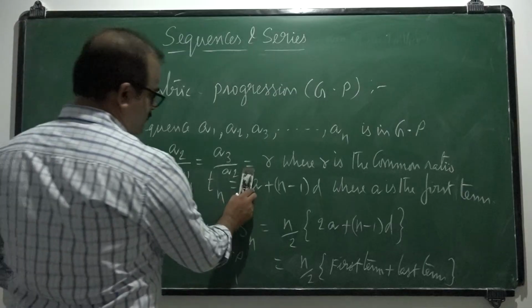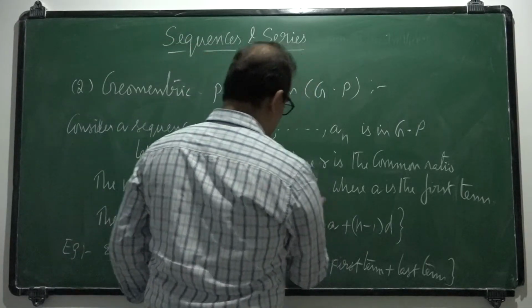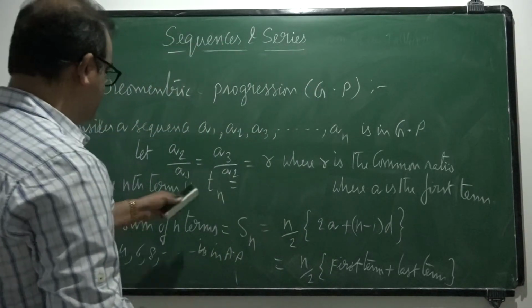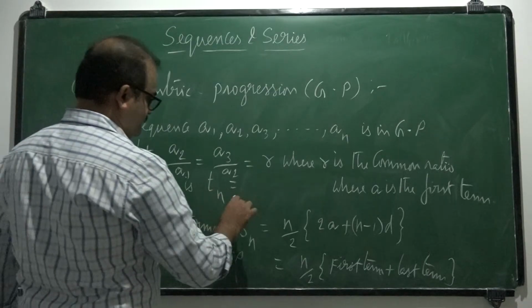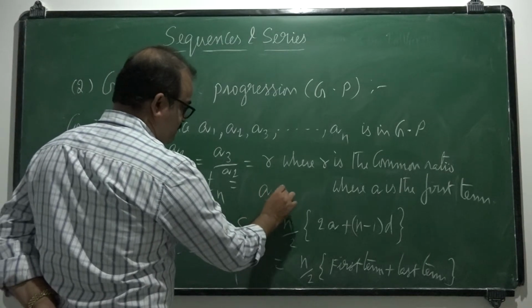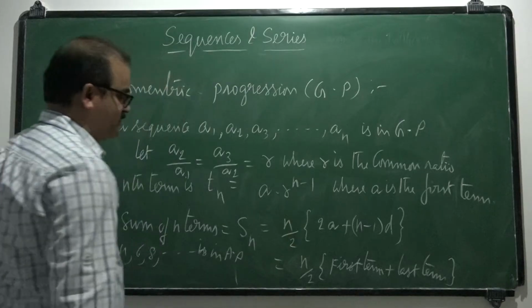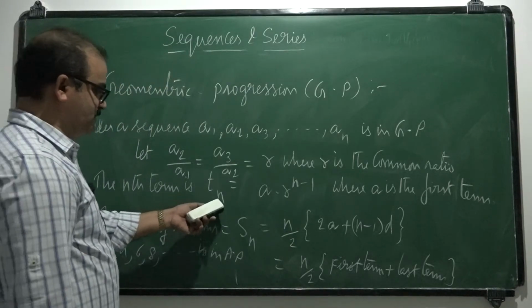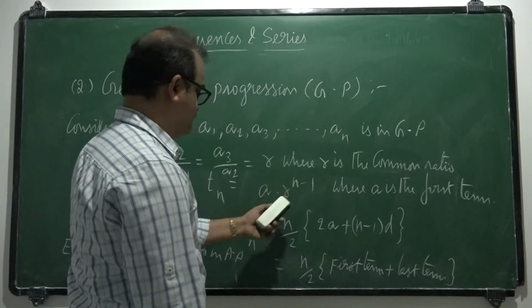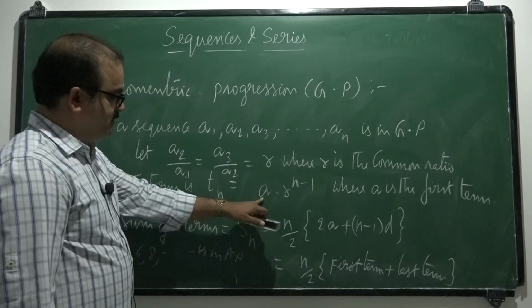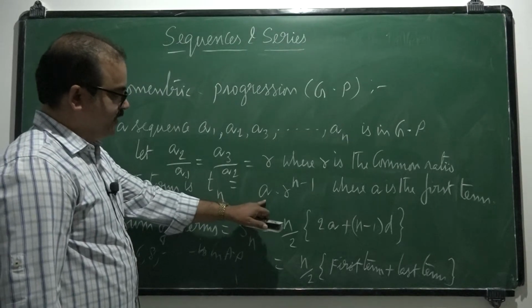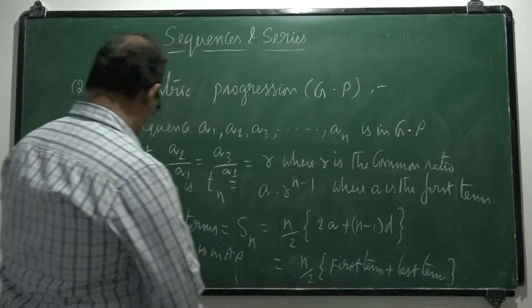Now, the nth term of this series is A into R to the power of n minus 1. Nth term Tn is equal to A into R power n minus 1, where this A represents first term.